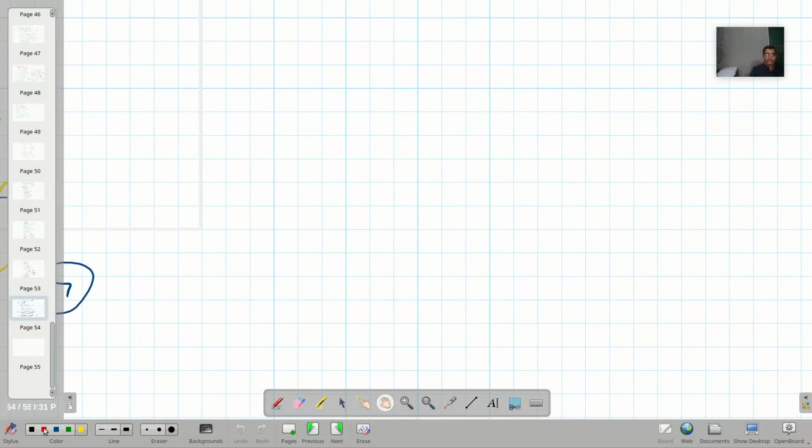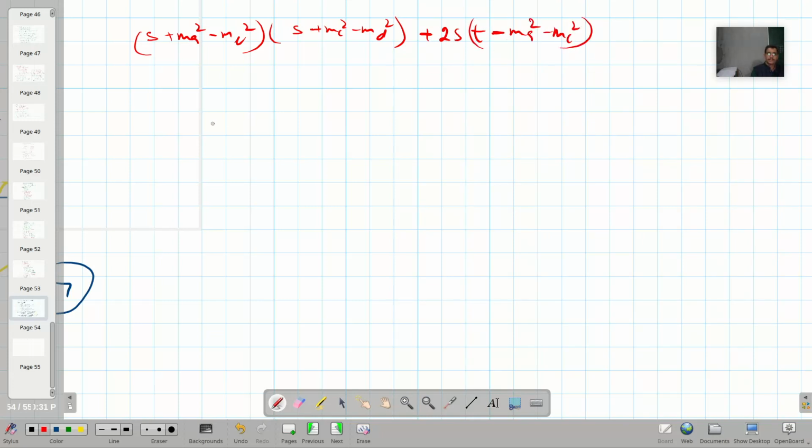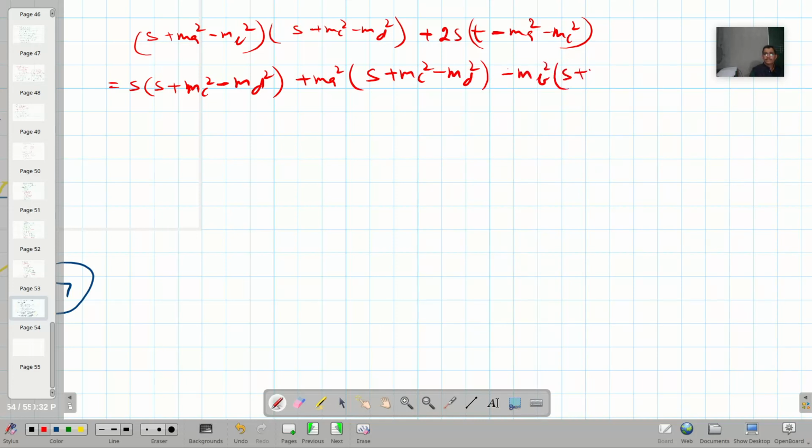So we are having that it is (s plus ma square minus mb square)(s plus mc square minus md square) plus 2st minus ma square minus mc square. So let us simplify it.